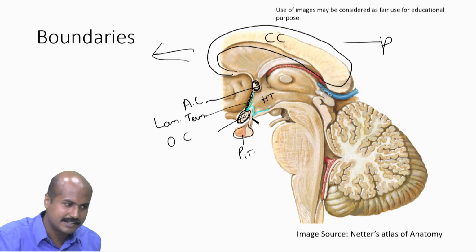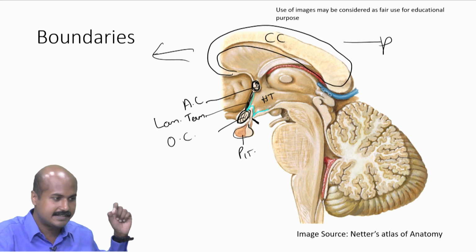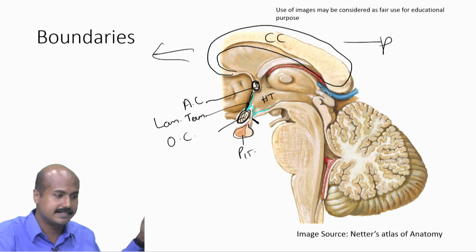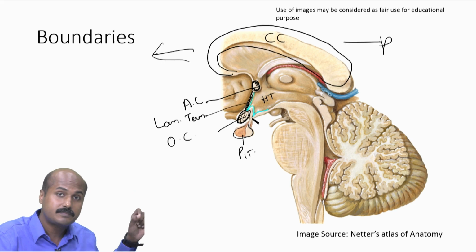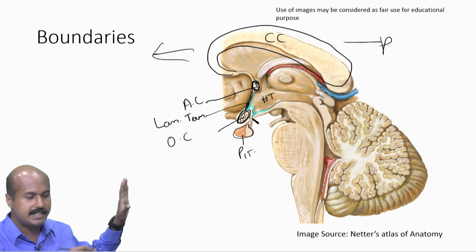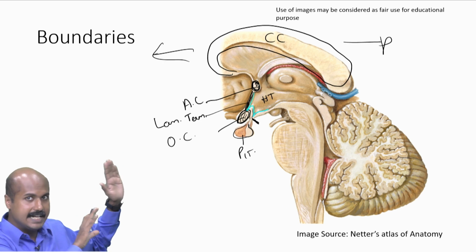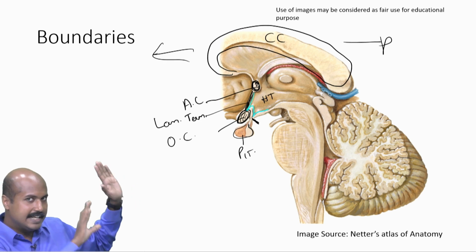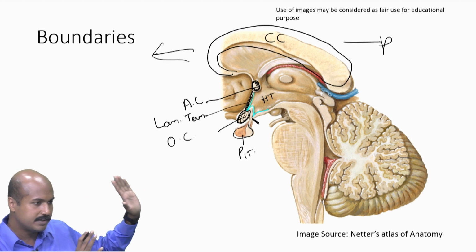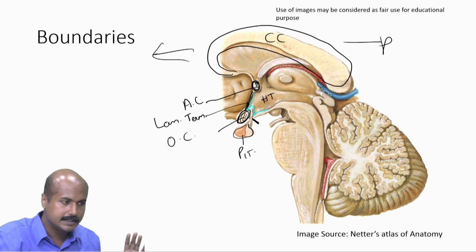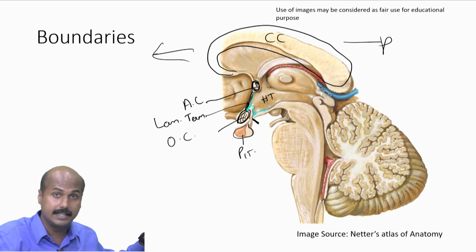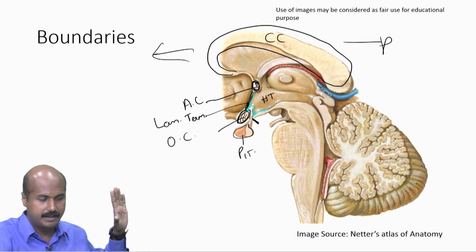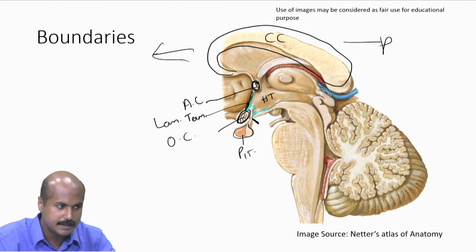So that recess is called the suprachiasmatic recess or the supraoptic recess, and this is called the infundibular recess. These two recesses you see on the anterior aspect. So you understood the anterior and inferior relations. All those relations are very important, and the recesses that are related there. All this anatomy is very important.